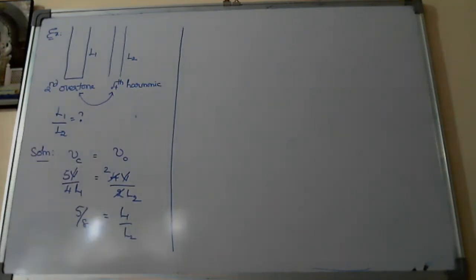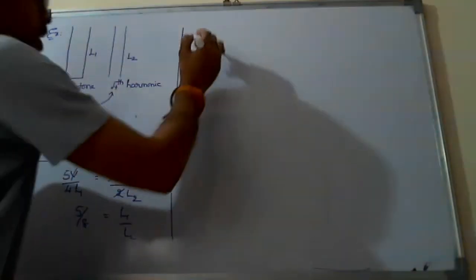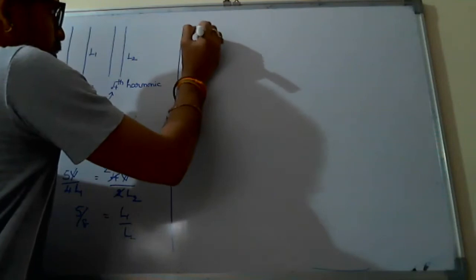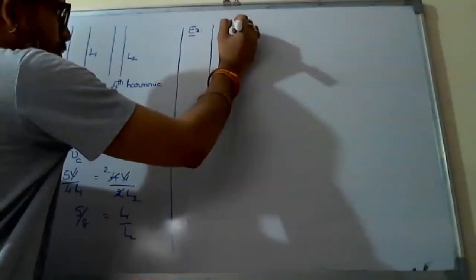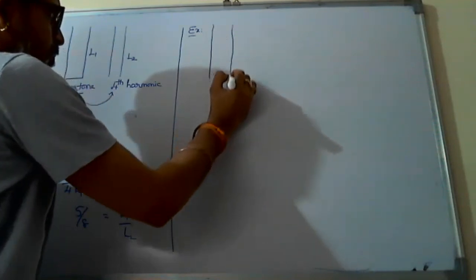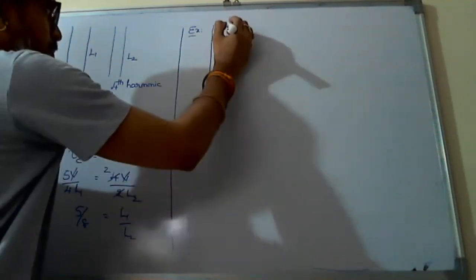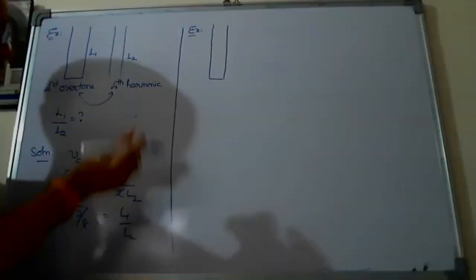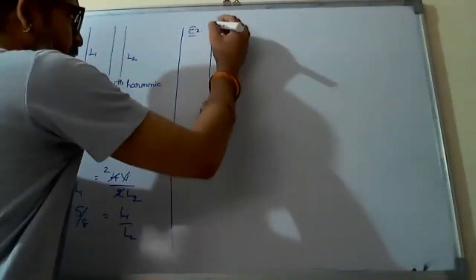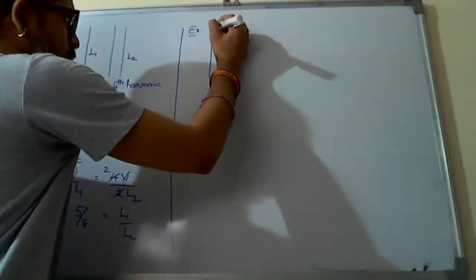All right. Now here, this is another example. It is one closed pipe of certain length, not mentioned, but it is vibrating in the first overtone.